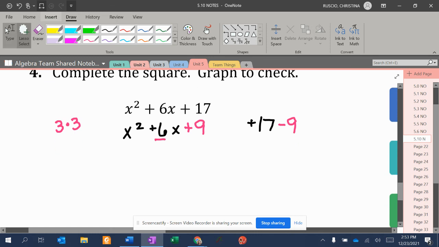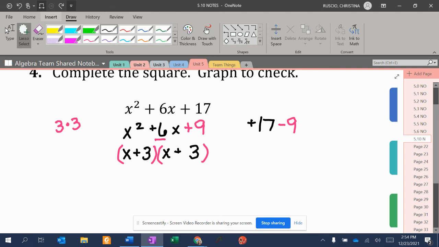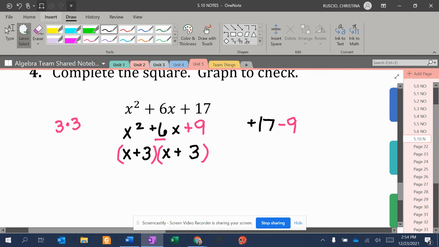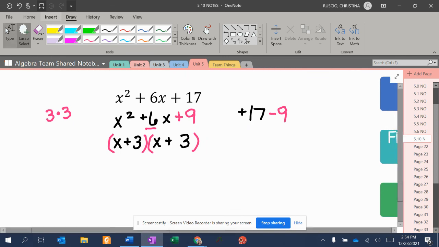So what is this here factored? If we write this as a binomial times a binomial, x times x gives us x squared, and 3 times 3 is 9, and 3 plus 3, that would have been the two corners of the box. That would give us x plus 3 all times x plus 3. And then we have this leftover 17 minus 9, which is positive 8.